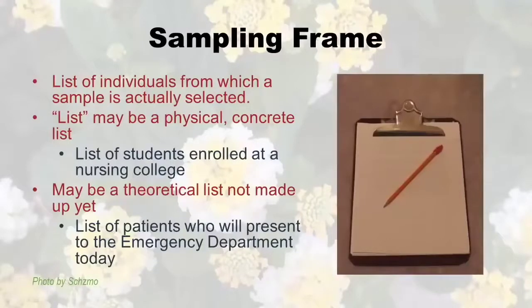Or it could be a theoretical list, like the list of patients who present to the emergency department today. Obviously, when you go into work at the beginning of your shift, you're not going to know who's on that list yet, but it could be a theoretical list. But whatever that list is, that is your sampling frame. So those are the people who actually could be selected for your study.